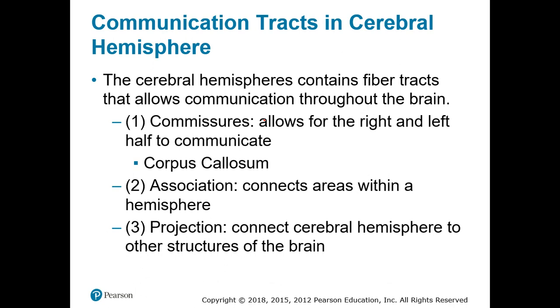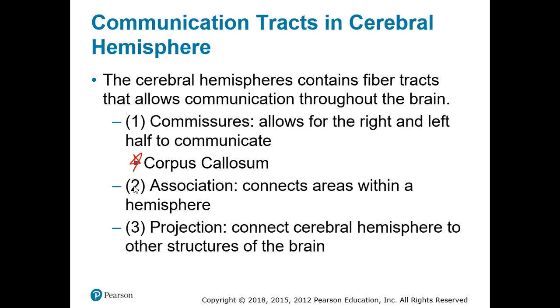Now, within our brain, the parts have to communicate with each other. Our cerebral hemisphere is such a big, massive part of our brain. There are different fiber tracts that allow us to communicate. There are 3 different types. The first type are called commissures. This allows our right and left half to communicate. There is a super famous and well-known fiber tract called the corpus callosum that allows the left and right half to communicate.